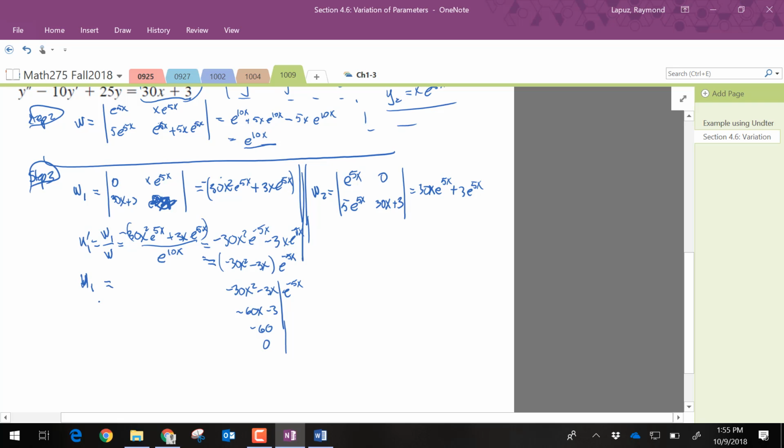Integrate, they become denominators. So minus 1/5 e to the minus 5x. This becomes a positive 1 over 25 e to the minus 5x. And we probably need to do it one more time. Negative 1 over 125 e to the minus 5x. And then we do positive, negative, and positive.